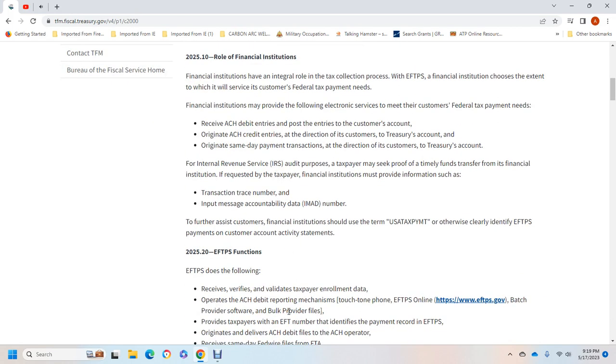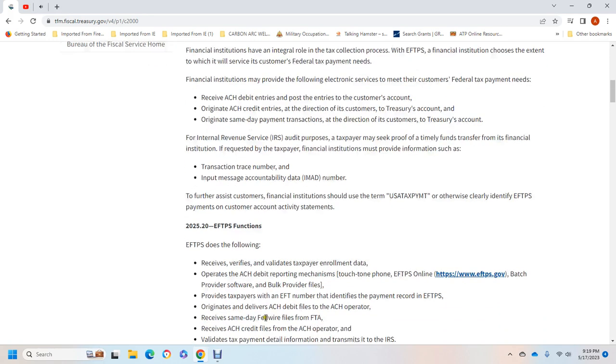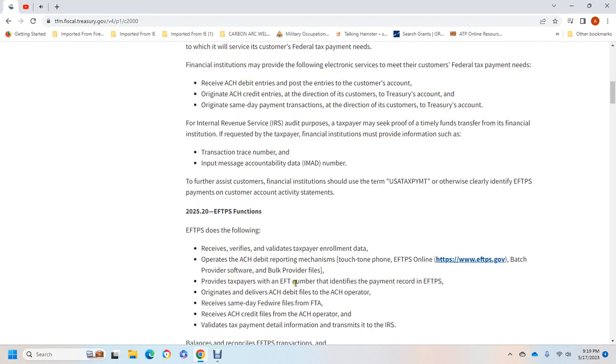The electronic federal tax payment system functions. The system does the following: receives, verifies, and validates taxpayer enrollment data; operates the automated clearinghouse debit reporting mechanism; provides software bulk batch files; provides the taxpayer with the electronic fund transfer number to identify the payment record; assigns the number to identify the payment.